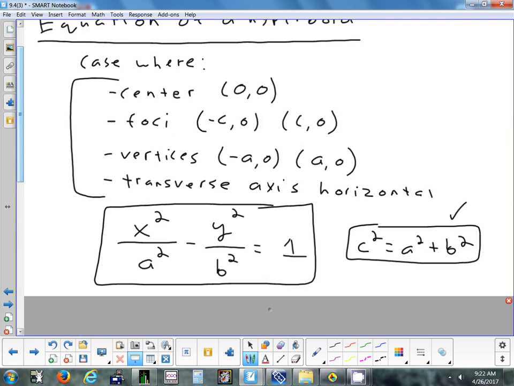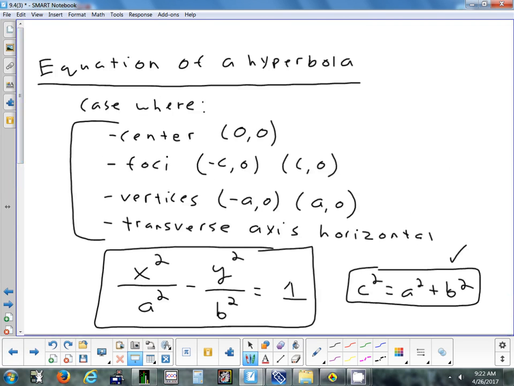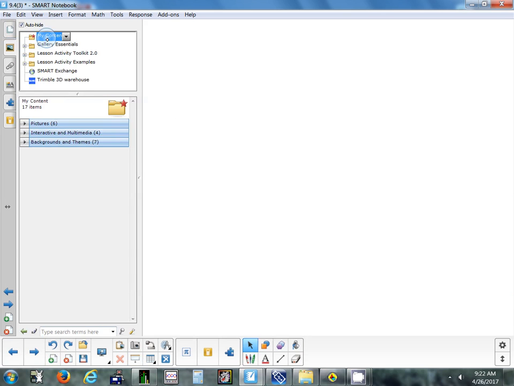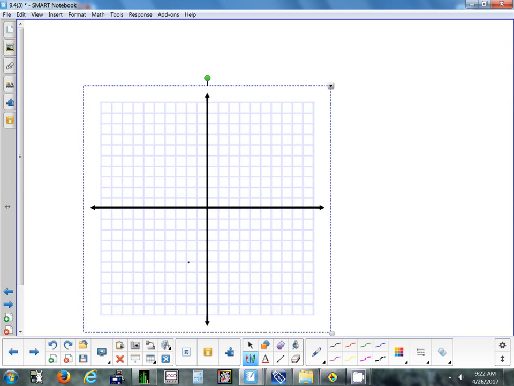I'll come back to this page in a second, because next we're going to look at the case where the transverse axis is vertical. It's just going to change two things around in that equation, and you can make the transverse axis vertical. Just switch two things. But let's pretend we had a hyperbola, and I'm going to sketch it with the center at the origin. It's going to do something like this.